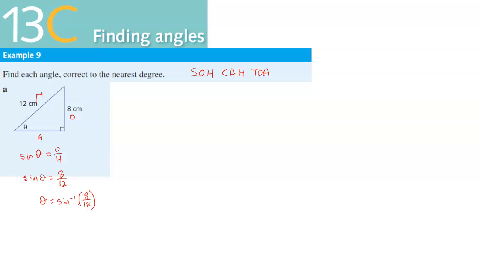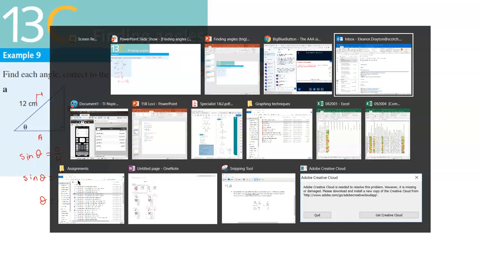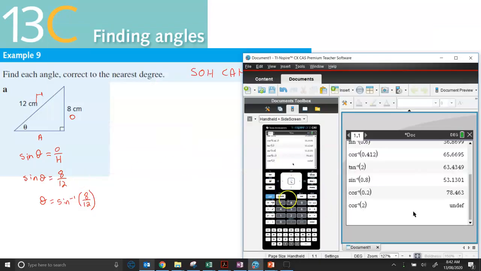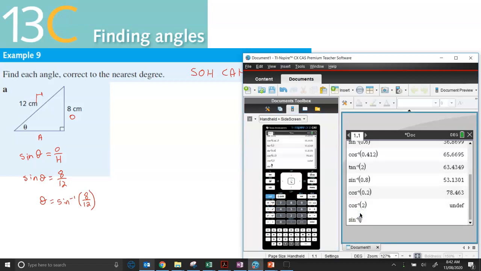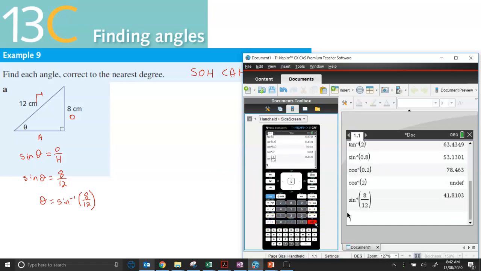And put that into my calculator. Trig menu, inverse sine, 8 divided by 12, close the brackets, press enter. So here I'm asked to give it to the nearest degree, so this one is 42.